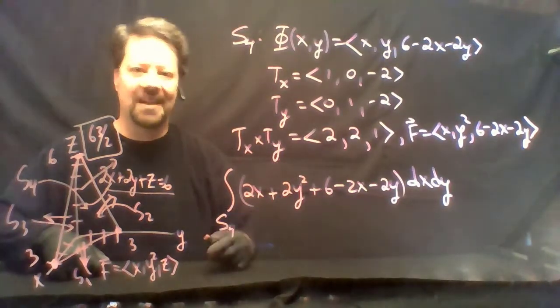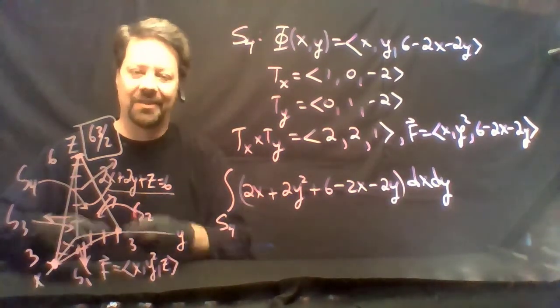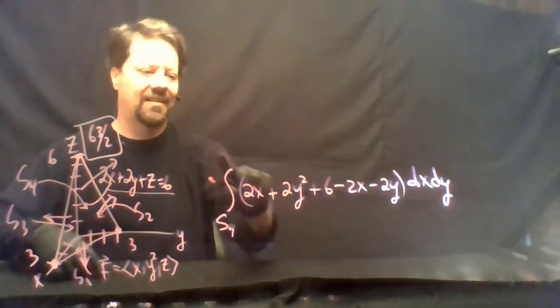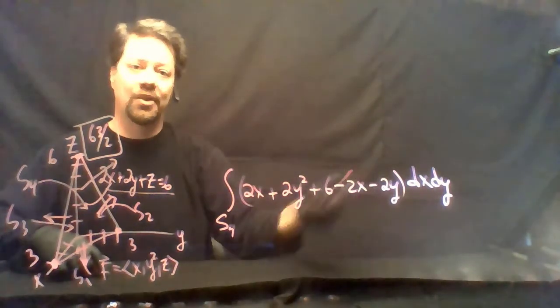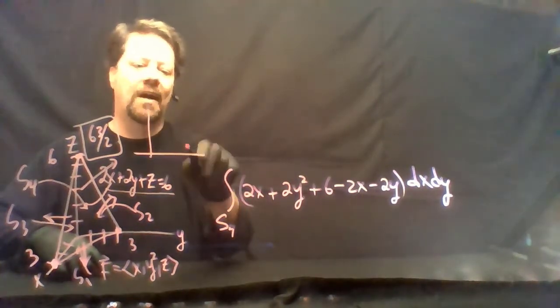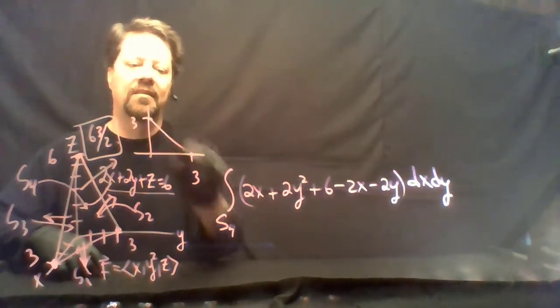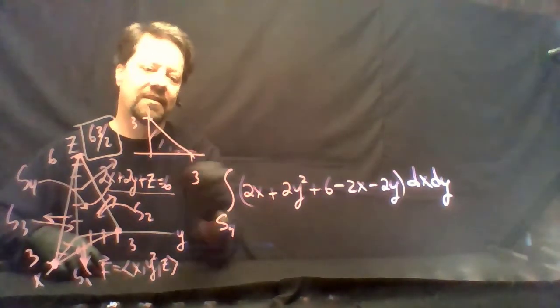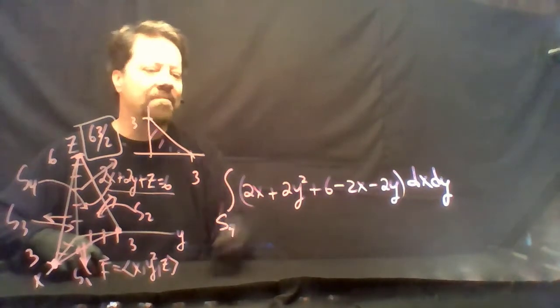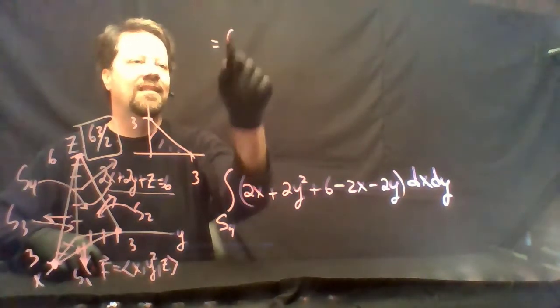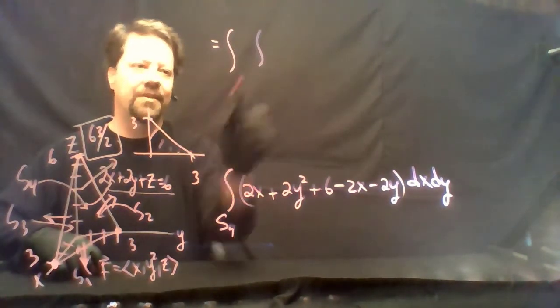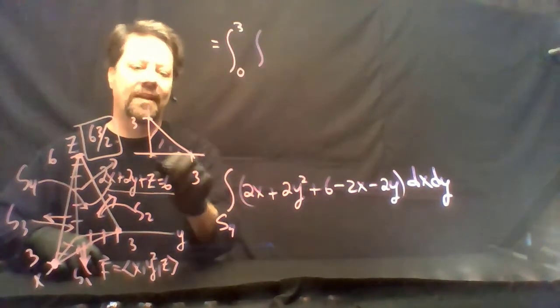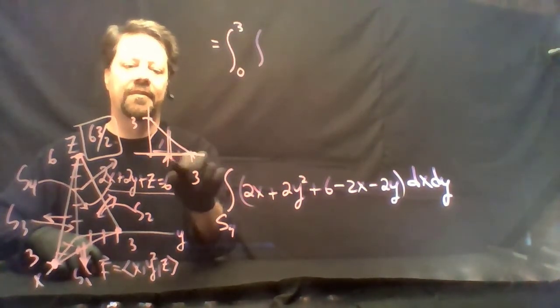We just need to set up the limits of integration to integrate over this surface. The domain of parameters for x and y will be over the little triangle, 3 on the x, 3 on the y. x will go from 0 to 3, and y goes from lower curve to upper curve.